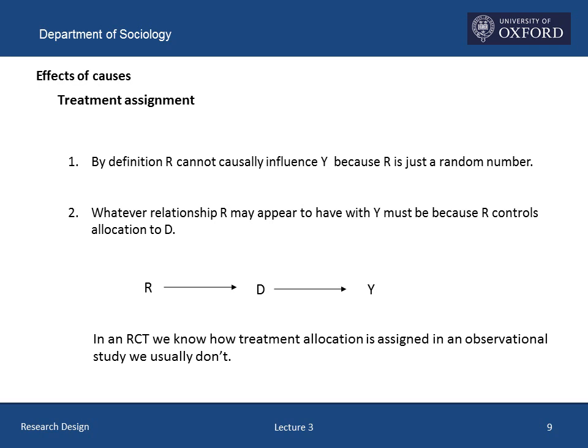In a randomized controlled trial, we know how treatment allocation is assigned. It's assigned in a way that can have no impact on the outcome. In an observational study, we don't know that, so we have to learn as much as we can about the allocation process.